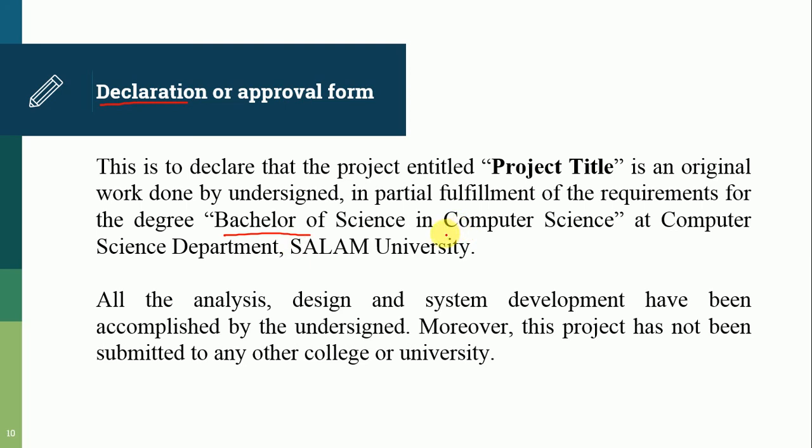It's actually to submit to the computer science department and claim your bachelor degree from the faculty of computer science, Salam University. You have to mention these things: you should declare that this is your own work and you didn't plagiarize from anyone. You have done this by yourself, and you should write the Bachelor of Science, from which faculty, university or department.